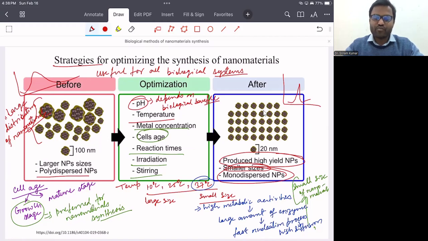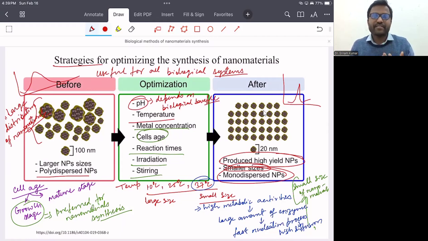Then we understood the most important things about the synthesis of nanomaterials by the biological system. The advantage of using the biological system is that we can synthesize nanomaterial with monodispersity. That means we will have control over nanomaterial size. If you compare the nanomaterial synthesis before and after, we have a huge difference in the size and polydispersity of the nanomaterials.